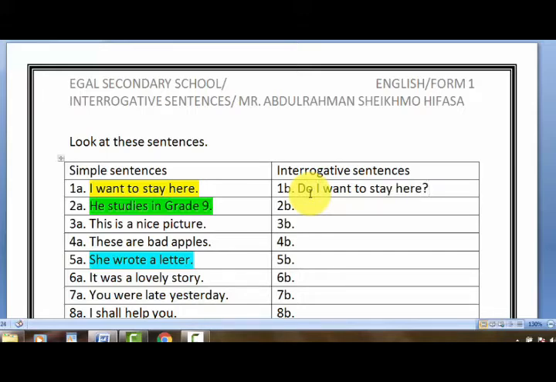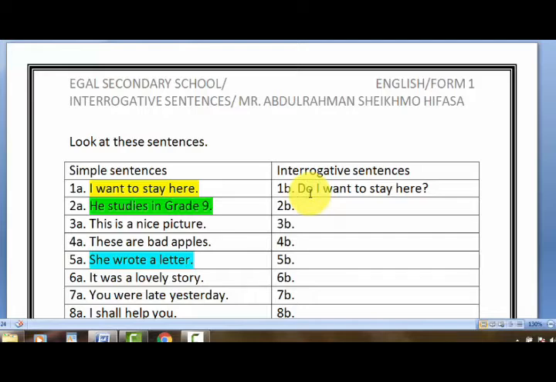As simple as that. Next, he studies in grade 9. Studies. He is a singular pronoun. That IES makes this verb singular, because in English we have subject and verb, and we can say he studies; if you change the IES to Y and add S, it stands for a plural verb.